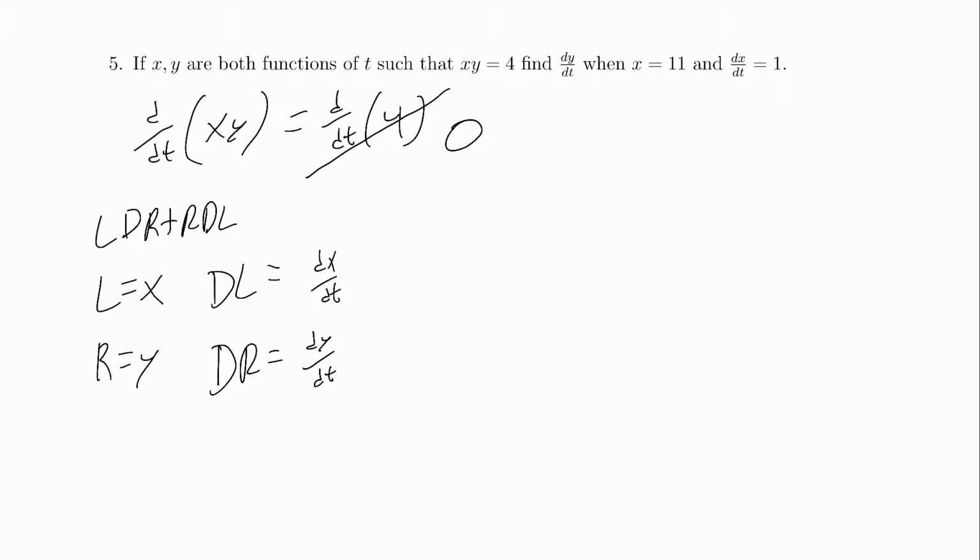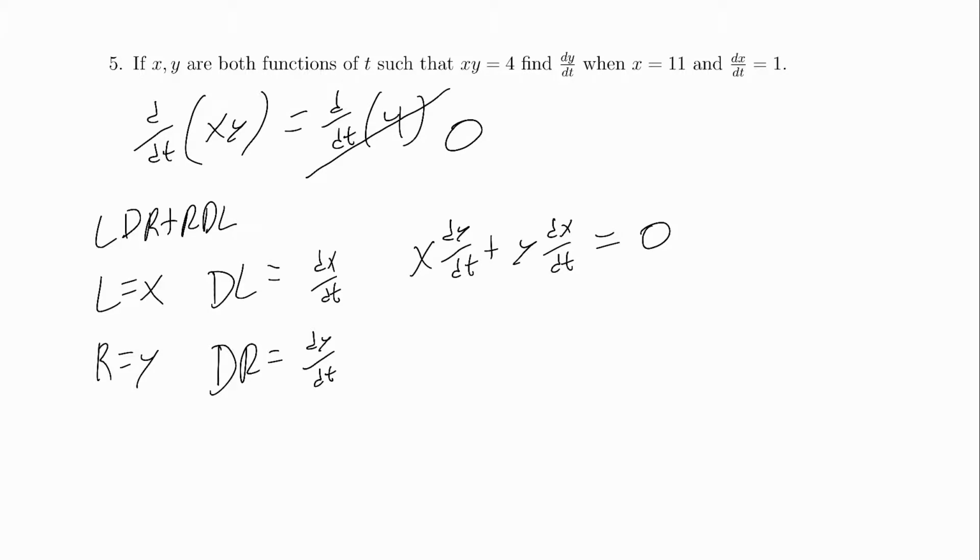Because y is a function of time, we're taking the derivative of the variable y with respect to t. So altogether, on this left-hand side, the derivative becomes x times dy dt plus y times dx dt equals 0, because the derivative of a constant is 0.